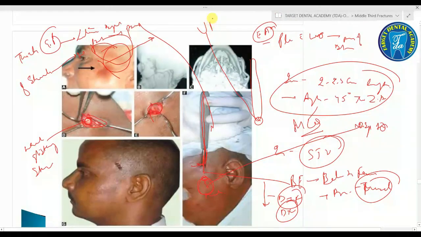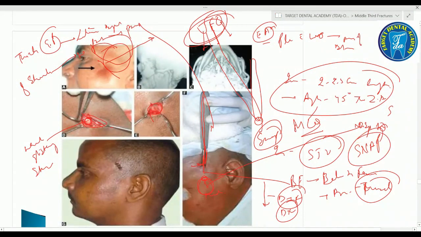In U, F, O. It means in upward direction, in forward and in outward direction. When the tip of the elevator is manipulated in these three directions, you will hear a snap sound as soon as the reduction is completed.